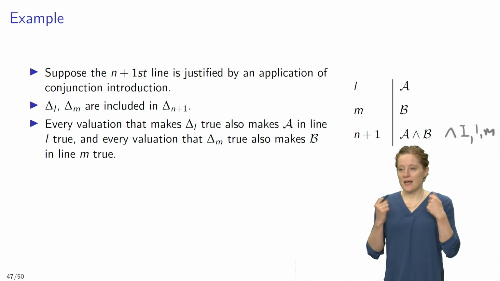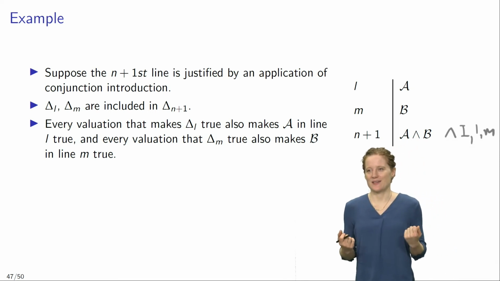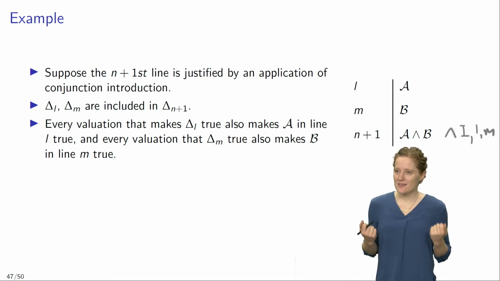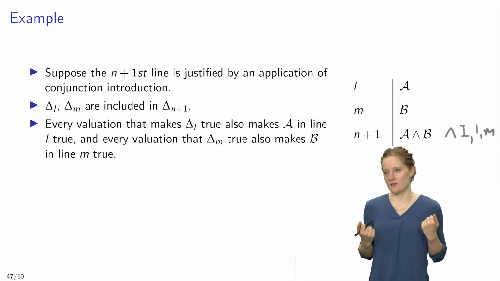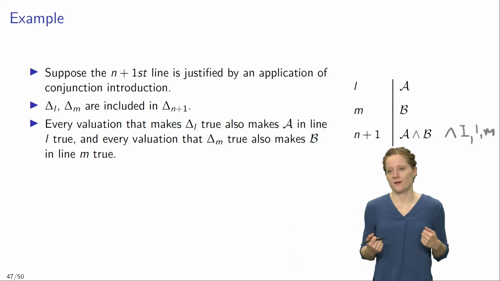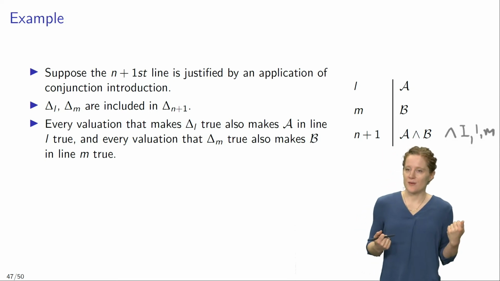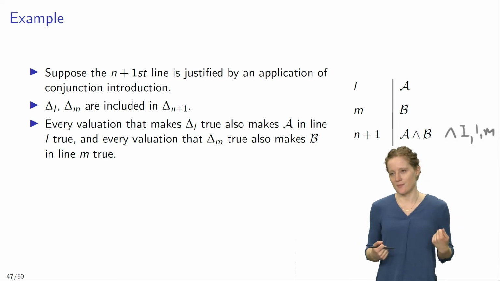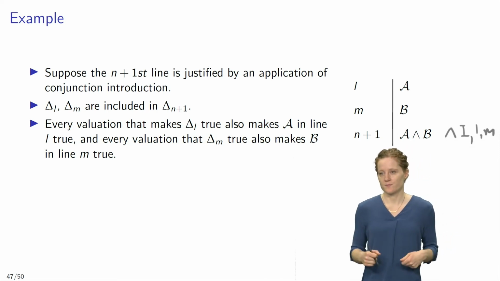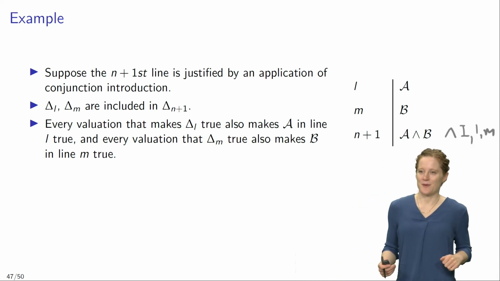That's a consequence of our inductive hypothesis. Since proofs up until length n are proofs of tautologically valid arguments, we can infer that whenever all premises in delta L are true, A is true, and whenever all premises in delta M are true, B is true. Okay, that's what the inductive hypothesis tells us.